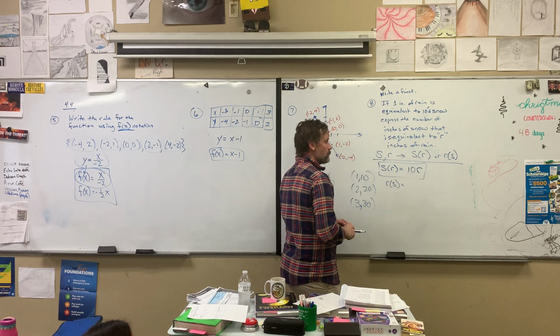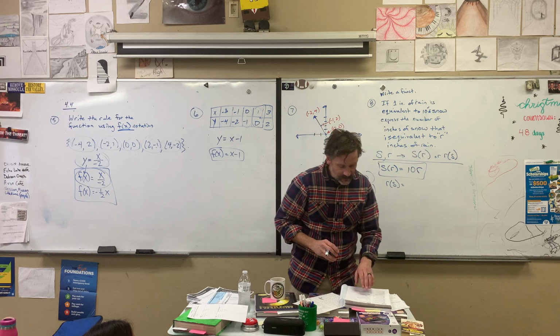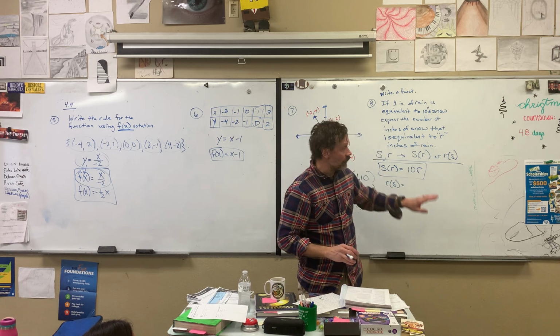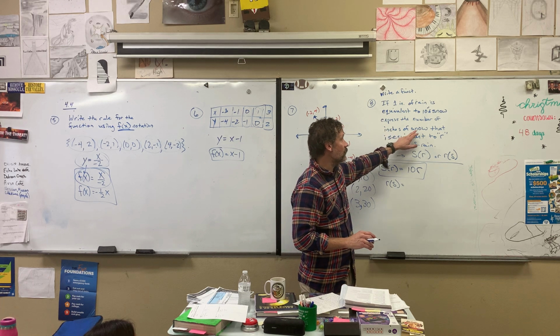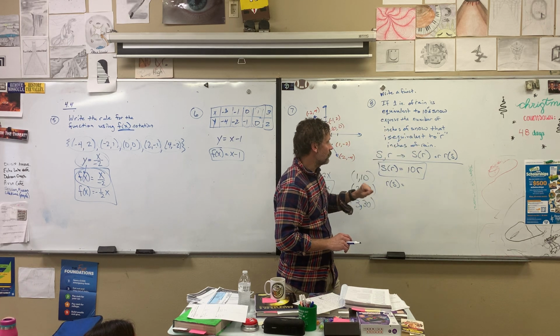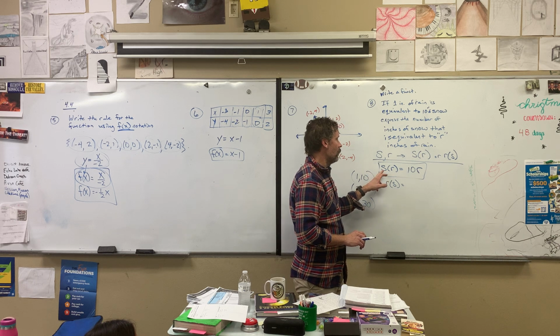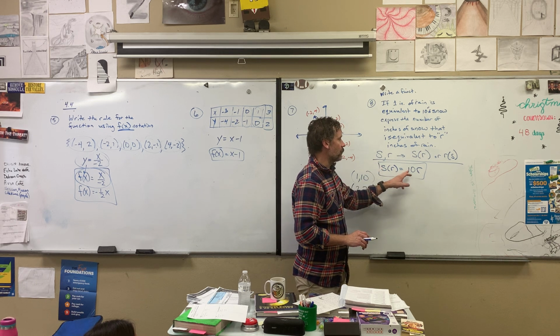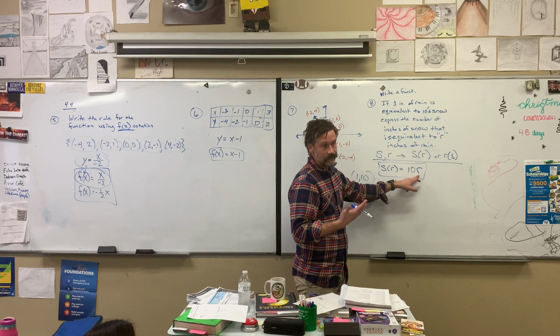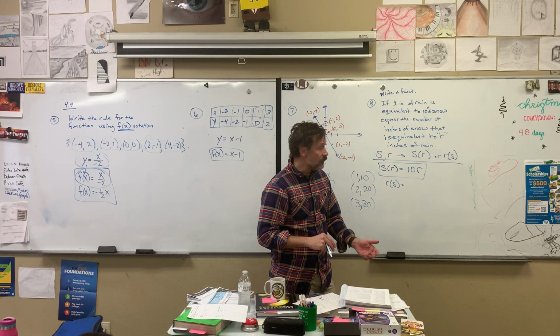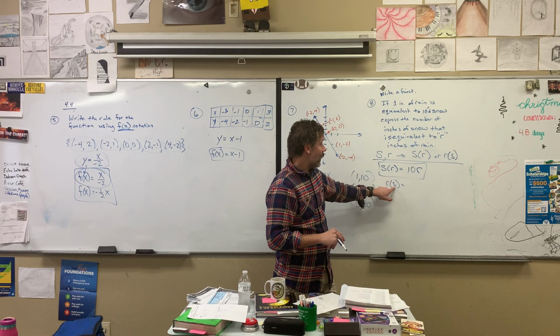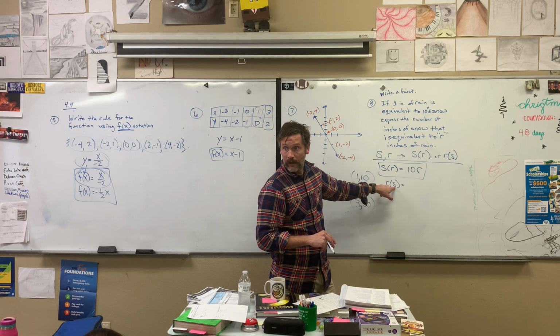And we're solving for X. Because what they stated, right up here, it says, express the number of inches of snow that is equivalent to R inches of rain. So they want S in terms of rain. If we did it the other way, we just know that when you plug in 10 inches of snow, how much rain is that? 1.